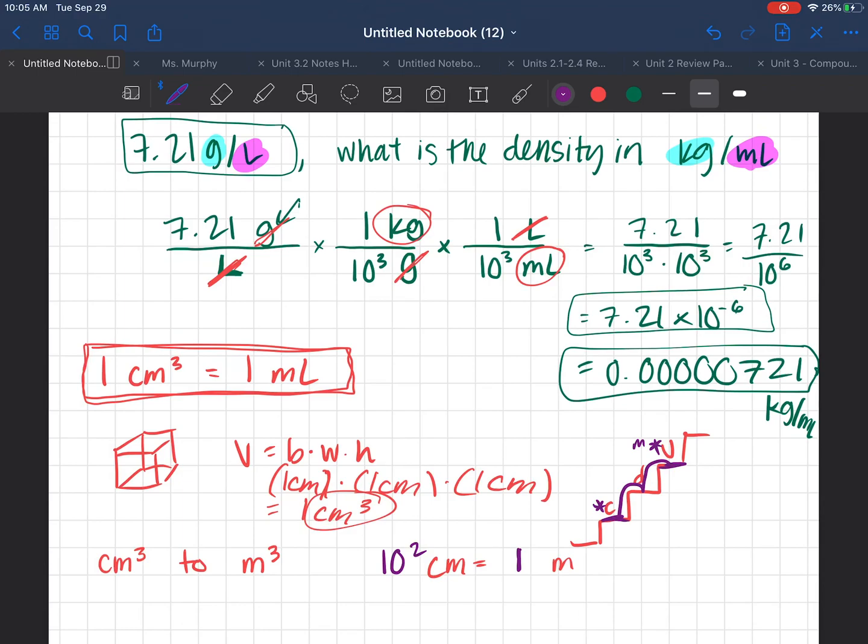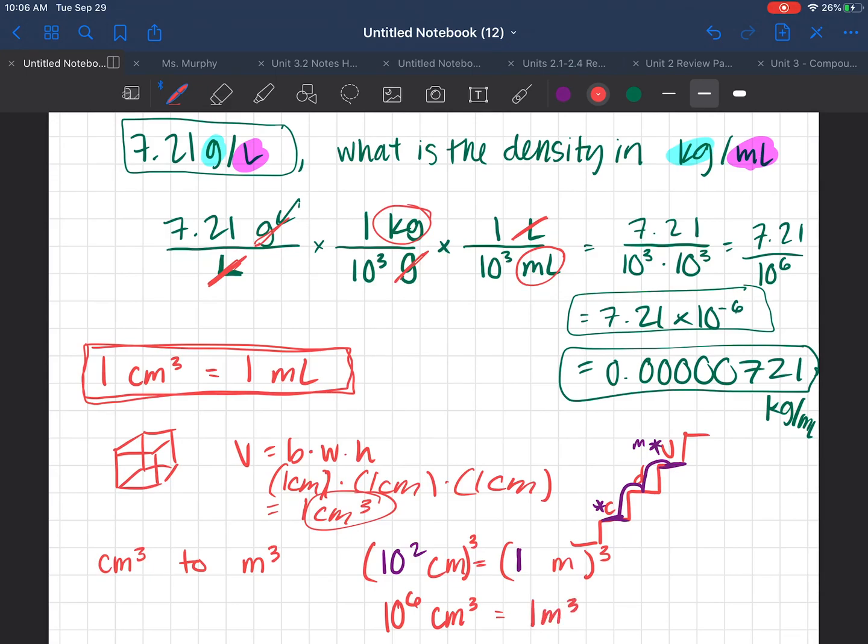If we want to get it cubic, whatever we do to the unit, we have to do to its value in front. So let's cube both sides. And so if we cube a power of 10, you multiply the exponents. And so we get 10 to the 6 centimeters cubed is equal to 1 meter cubed.